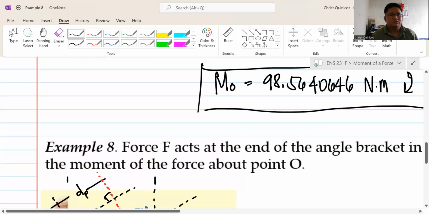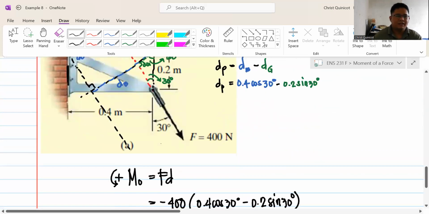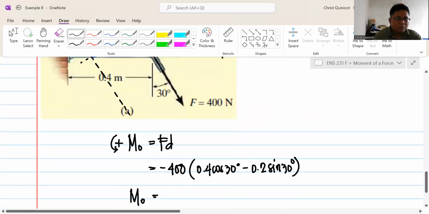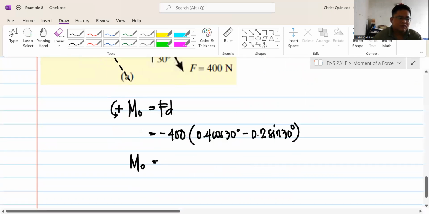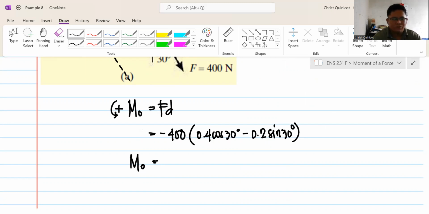We should expect that it is 98. So that is 0.4 cosine 30, which is 0.346410161, minus the quantity 0.2 sine 30. Sine 30 is 1/2, so 0.2 times 1/2 is 0.1.